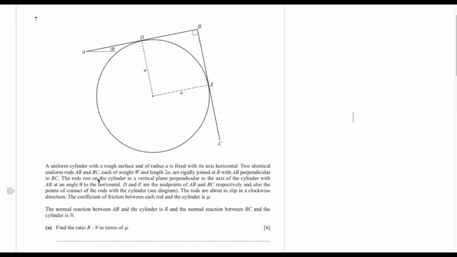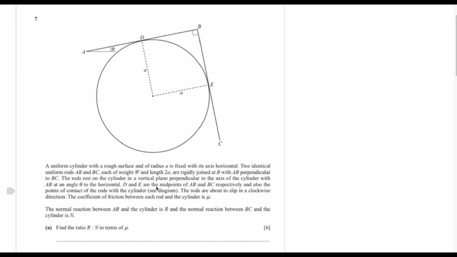The rod rests on the cylinder in a vertical plane, perpendicular to the axis of the cylinder. Okay, so that means like this, on a flat surface. Then after that, with AB at an angle theta to the horizontal, which is like this.